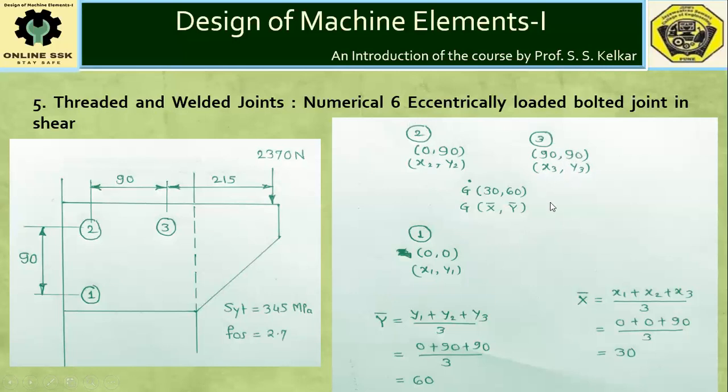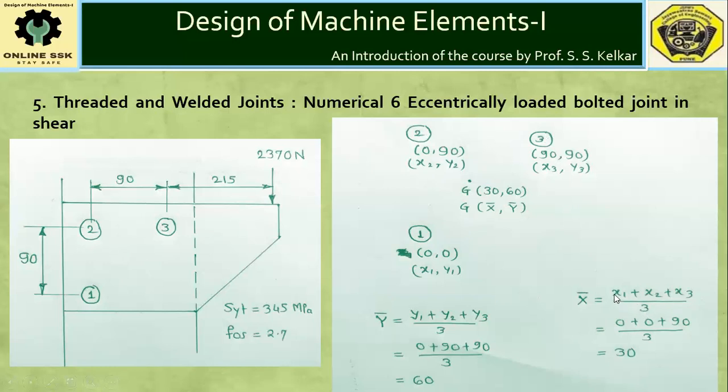Once we define the coordinates of each bolt present inside this bolted system, we can define the coordinates of the center of gravity. The x coordinate, x bar, for the center of gravity G is given as x1 plus x2 plus x3 and so on up to xz, divided by z, where z is the number of bolts.